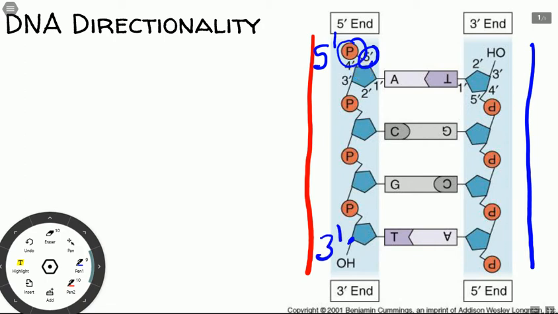That's all fine and good, but the tricky part is when we look at the other end, on the other side in the blue strand, you can see over here it's the opposite.